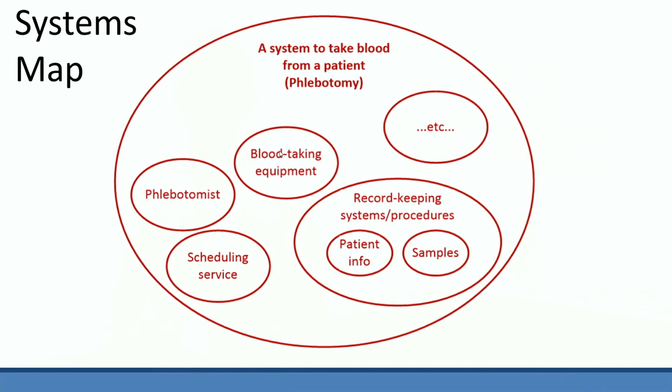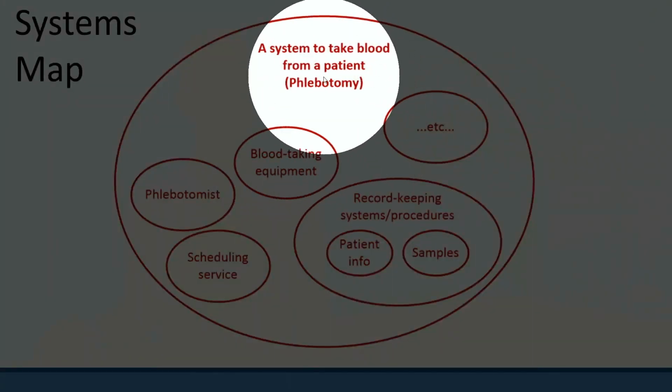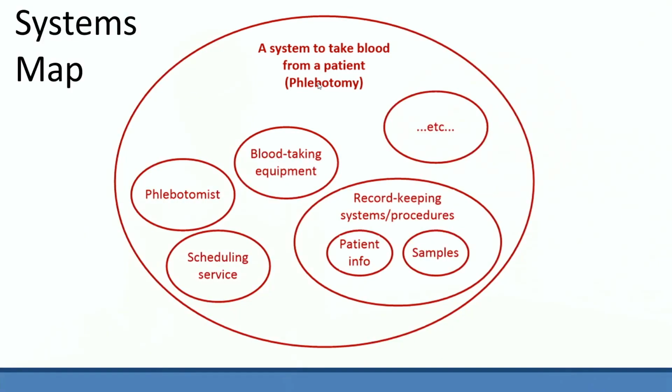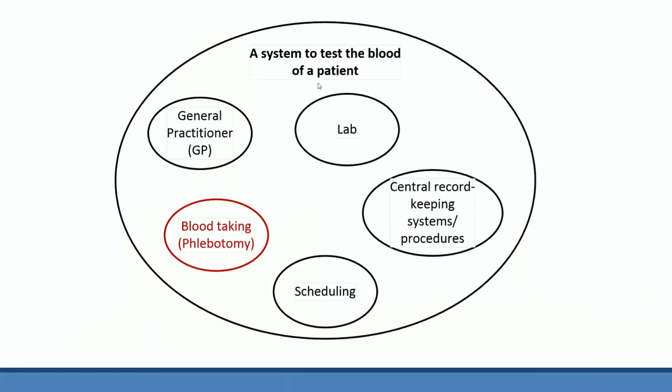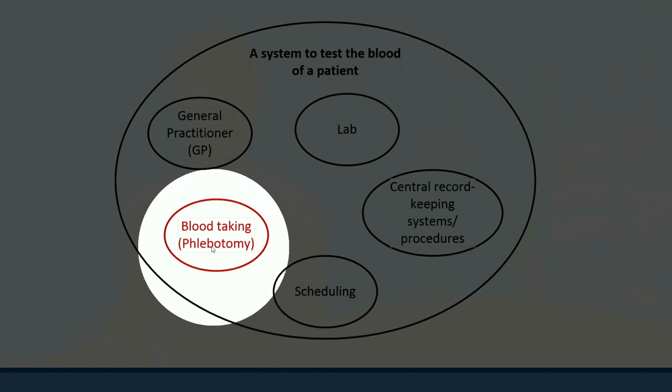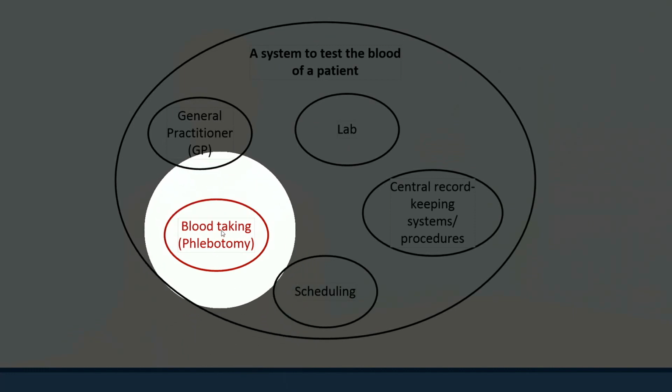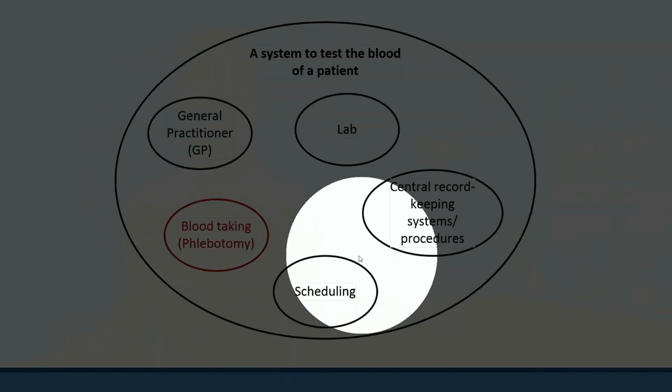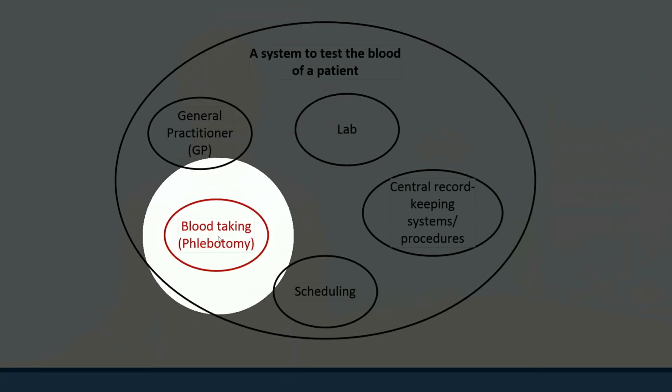One of the reasons this is really valuable is you can then zoom out and ask, well, hang on a minute, why in the first place are we taking blood from a patient? And you tend to find that that system, in this case blood taking, exists in a much bigger system. So here, why do we take blood?